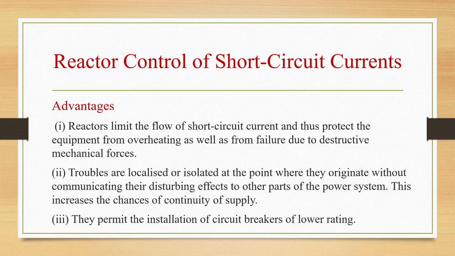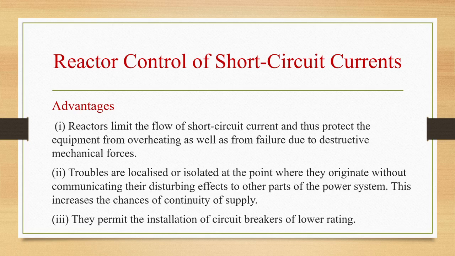Let us see the advantages of reactor control of short circuit currents. First advantage, reactors limit the flow of short circuit current and they will protect the equipment from overheating as well as from failure due to destructive mechanical forces.